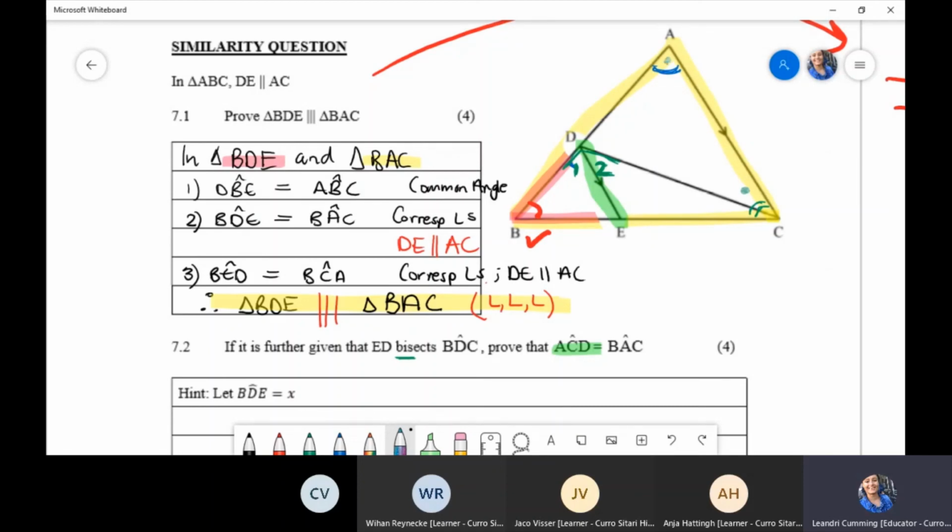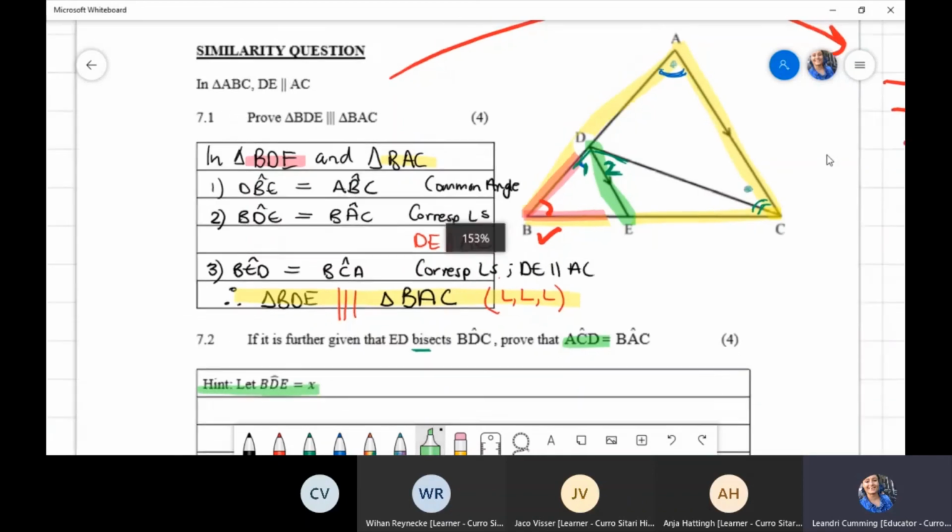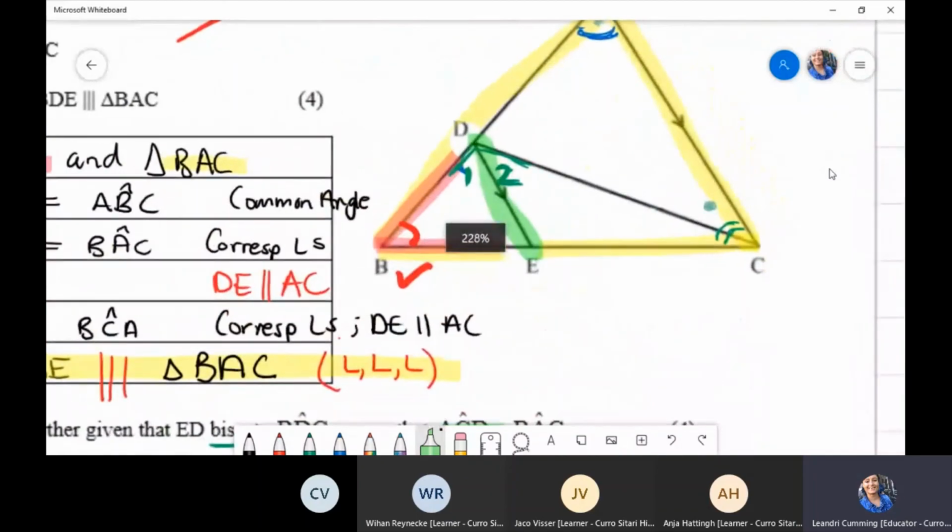So we need to prove that those angles are equal, but we also know that angle BDC is bisected by ED, and then we have a hint here that we're allowed to call angle BDE X. So let's just zoom in there.